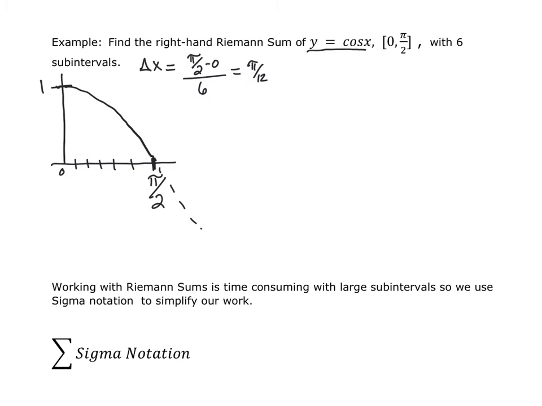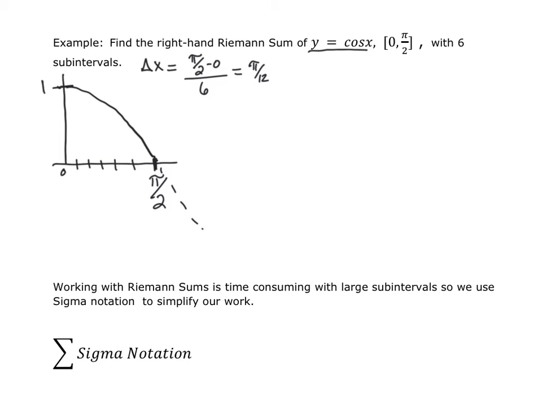Each one of these intervals is going to be pi over 12. So this is 1 pi over 12, 2 pi over 12, which is pi over 6, pi over 4, pi over 3, and 5 pi over 12. So those are each of our grid points.